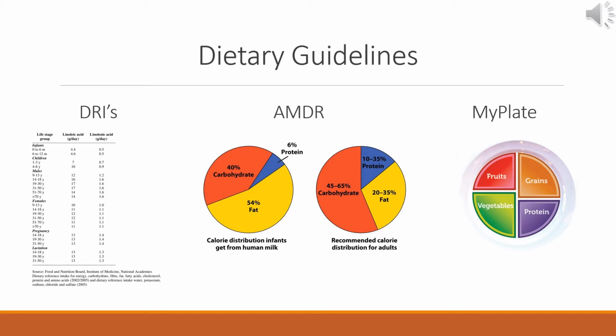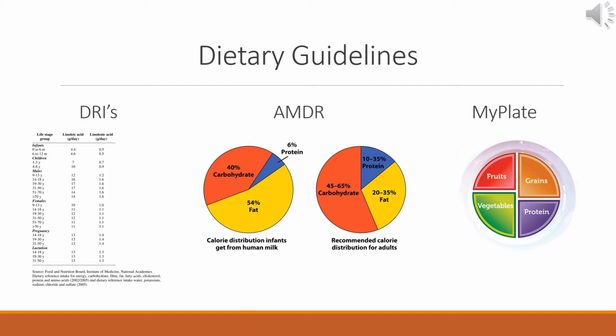If you're trying to put together a dietary plan, you can do so using any of these models, and if done correctly, it's probably going to result in a very healthy way of eating. But using MyPlate would be like putting together an eating plan by following a 3-minute YouTube video. The AMDRs would be like putting together a meal plan with a 50-page instruction manual, and the dietary reference intakes are a little bit more complicated.